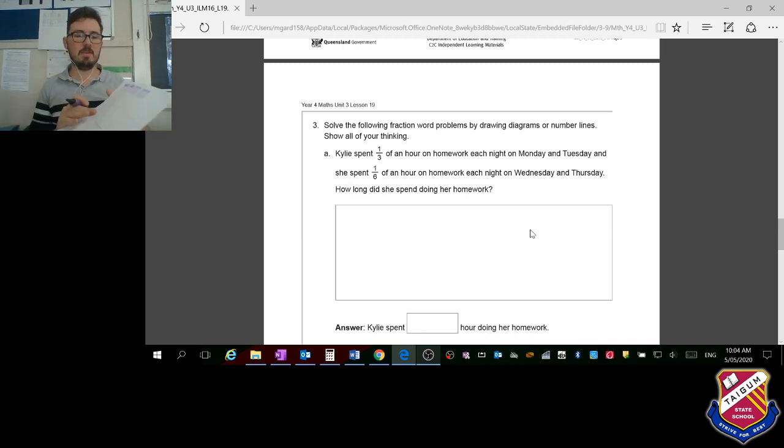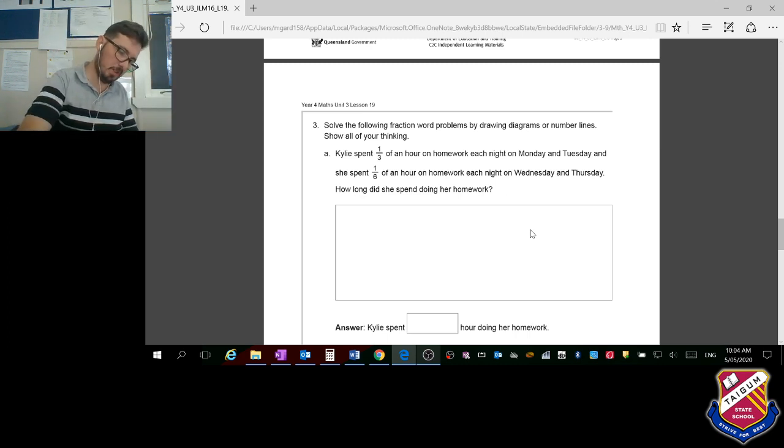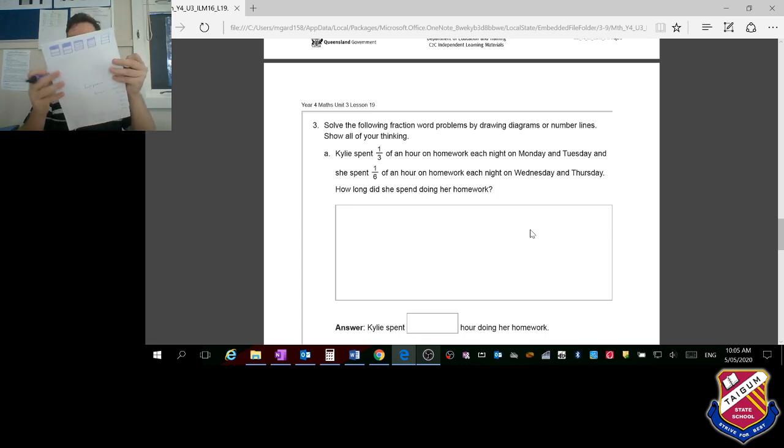Okay? So if I add all these together, I'm going to draw another box. I'm going to split that box again into thirds. And I'm going to colour it in. So I'm going to put 1/3 onto the box.